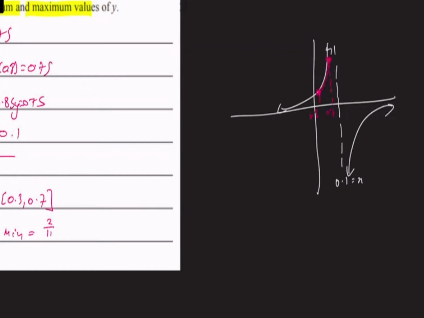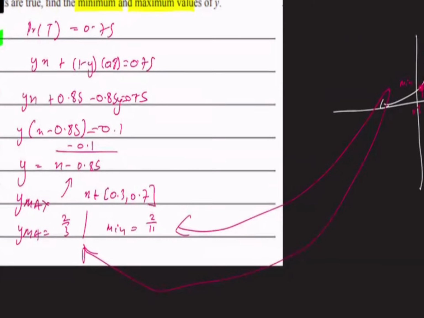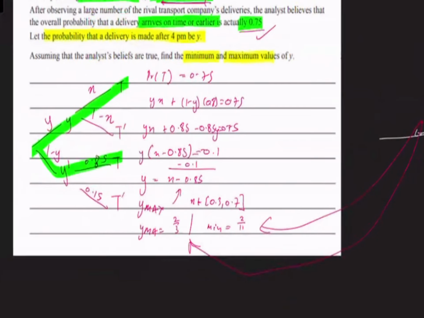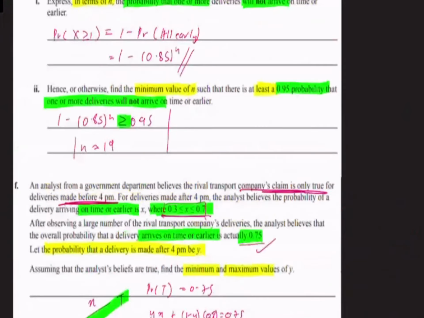We would expect our minimum to be at 0.3 and our maximum to be at 0.7. That makes sense, because when you check these values, your CAS will tell you that it holds true, so you can be sure that your answer is correct. And that's your probability question for 2020. And that's it.